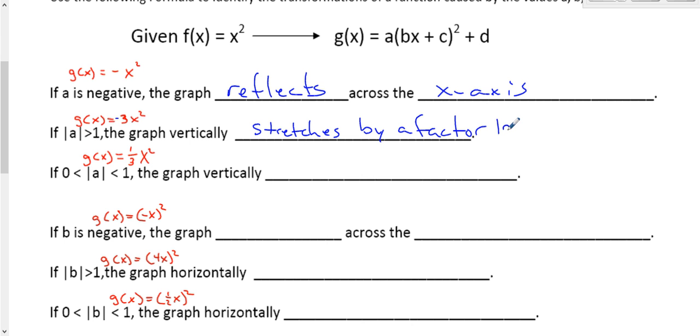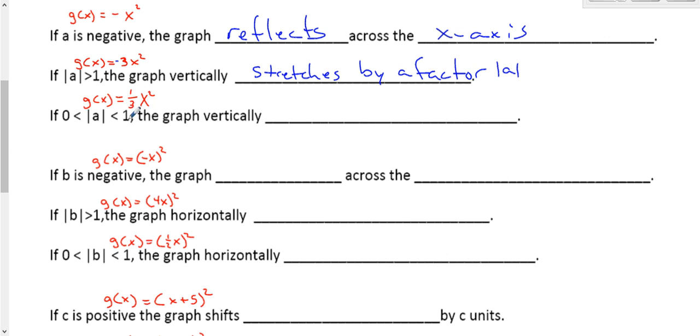So I put the absolute value of a. In my example here, g of x equals negative 3x squared. It stretches by a factor of 3. Because of the negative, it would reflect across the x-axis, and it would stretch vertically by a factor of 3.